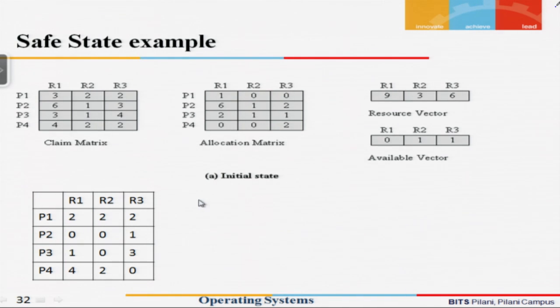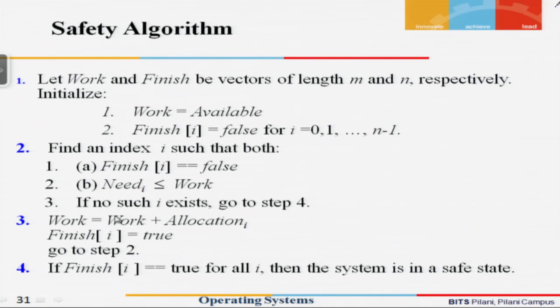If you look back at the algorithm, at this stage we say work equals work plus allocation i. Essentially my availability vector will get modified. I will add the allocation of the ith process, that is, I would add the resources held by the P2 process to my work.